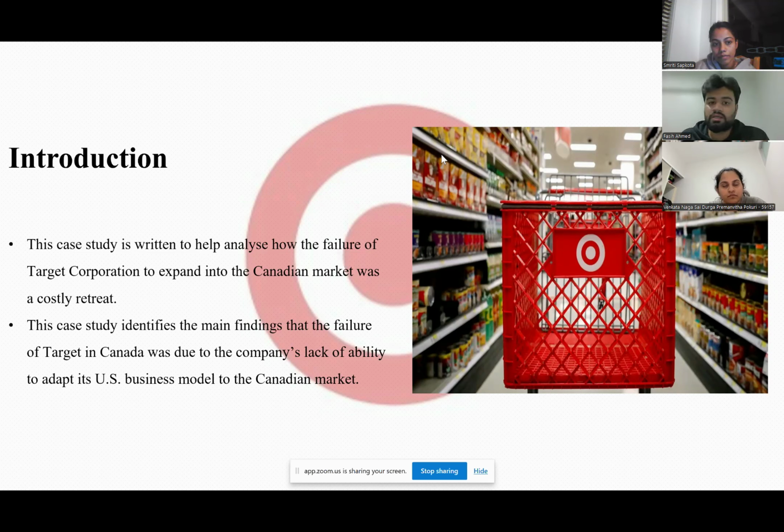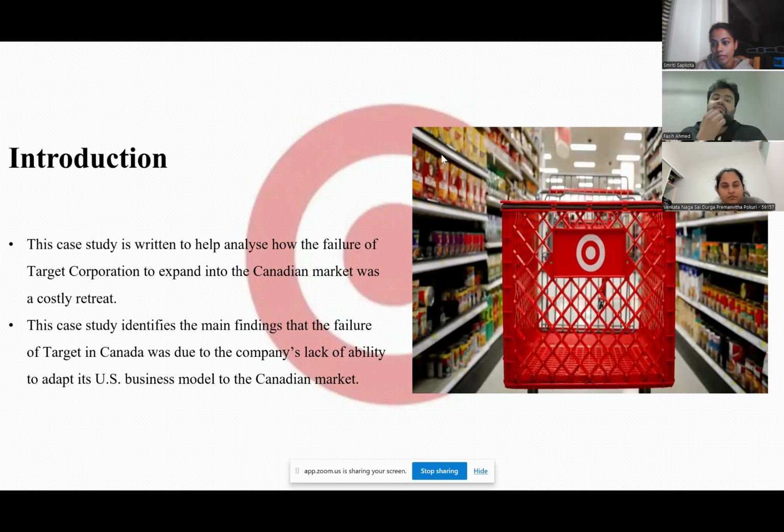When Target, a major US retailer, established its first step in Canada, it came in with high expectations, yet was met by supply chain problems. This case is important because it helps us understand the risks associated with international expansion and the need to modify business plans in accordance with market conditions.